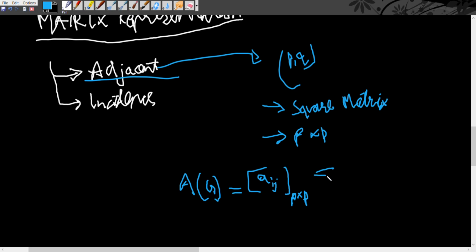And it is defined as Aij is 1 if Ui and Uj belong to your set of edges and 0 otherwise.